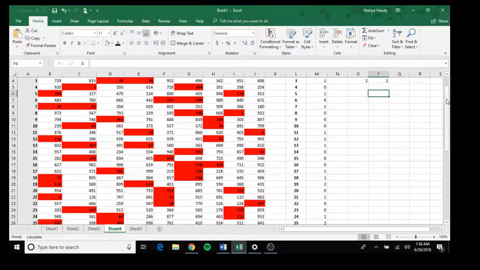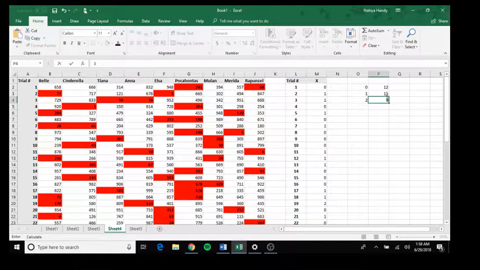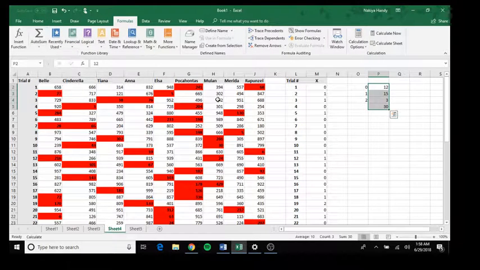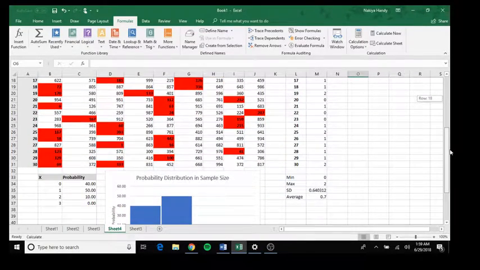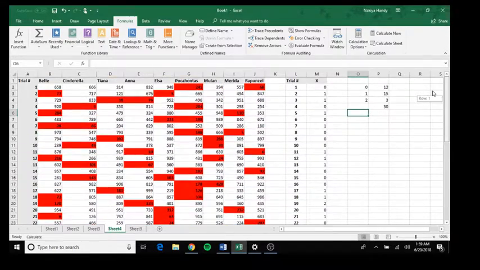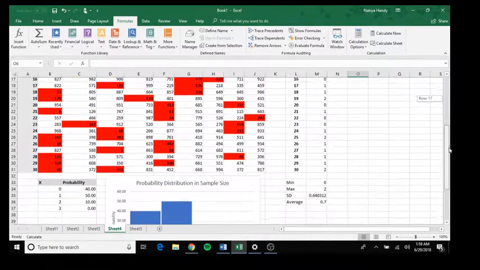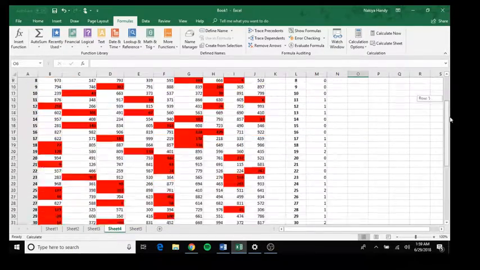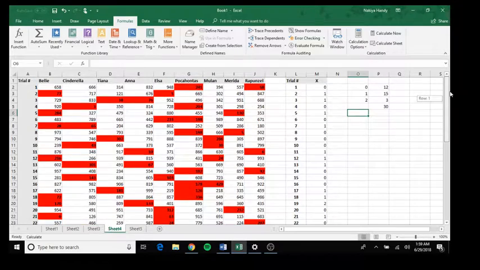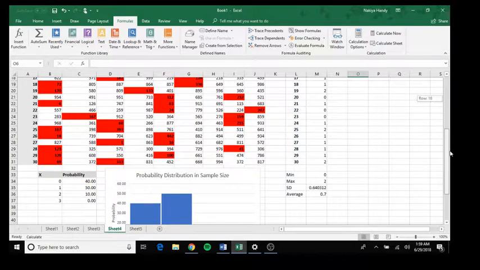Actually, I have 3. Typo. So, just to make sure that there are 30 outcomes, what I'm going to do is sum these up to make sure that it equals 30. Alright. And just so you can see that this is equivalent to the table down here for X in probability. So, 12 over 30 will be 40%. 15 over 30 will be 50%. And 3 over 30 will be 10%.